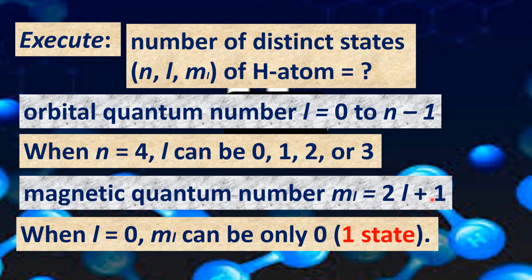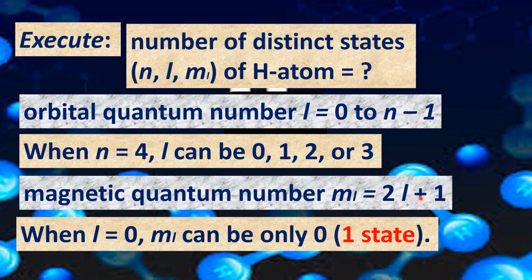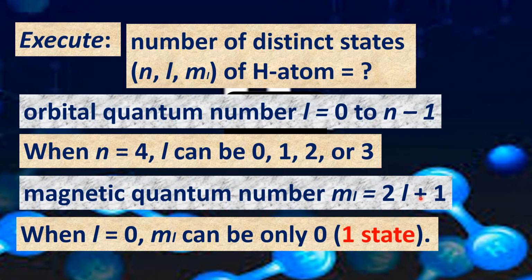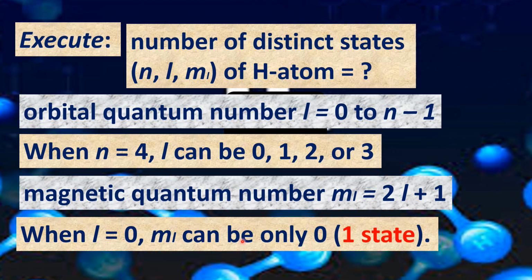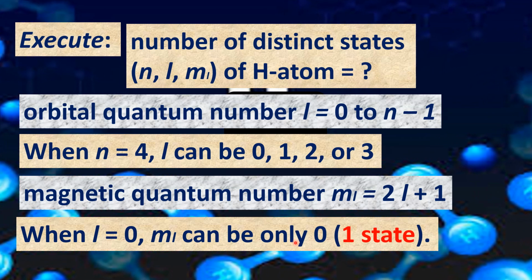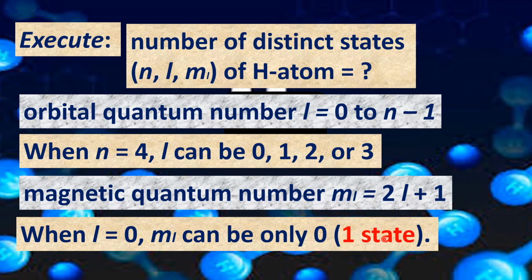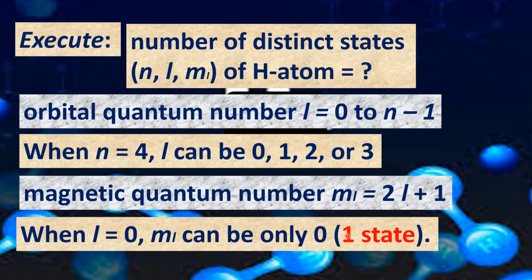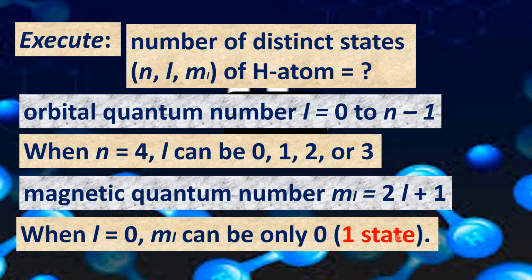That means we will only have one electron orbital. In short, m sub l can be only 0. So that means at this level, we have one distinct state.